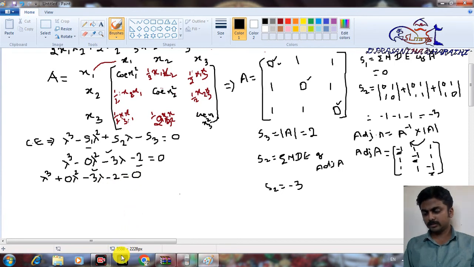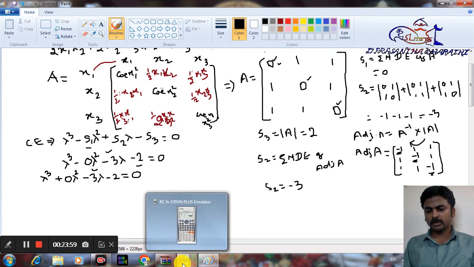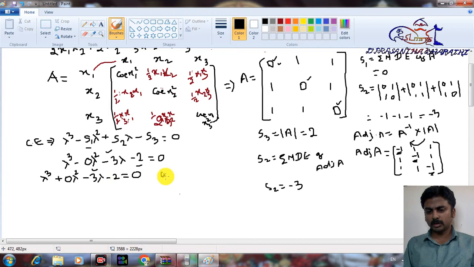This can be expressed as a lambda cube plus b lambda square plus c lambda plus d equal to 0.